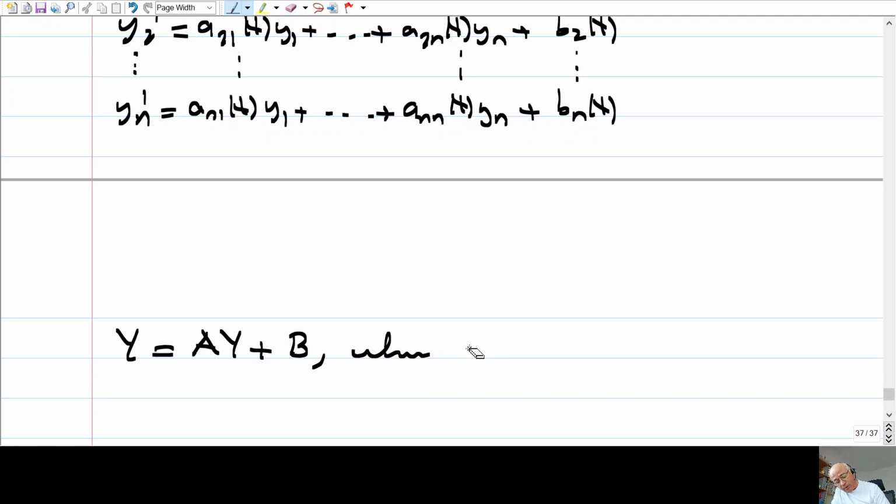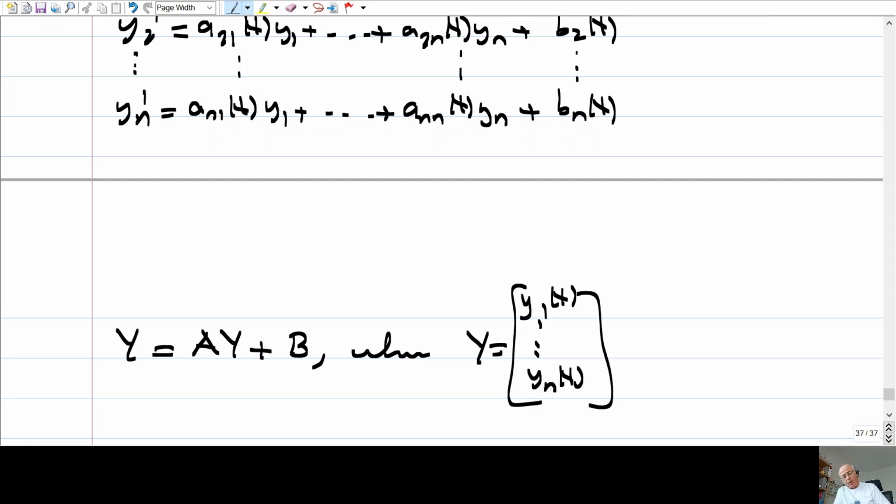y is again y1(t) to yn(t), and this is prime. Y prime is, for a matrix of functions, prime will mean just the derivative of each entry.